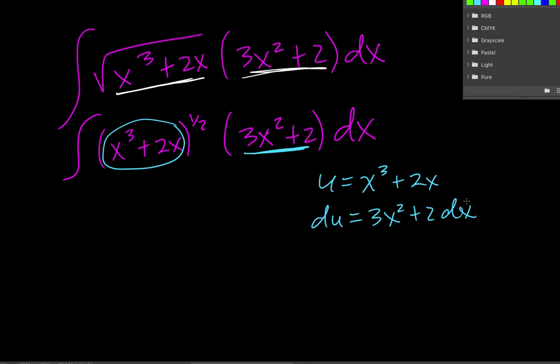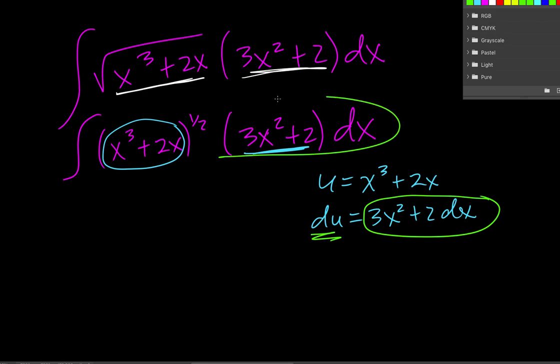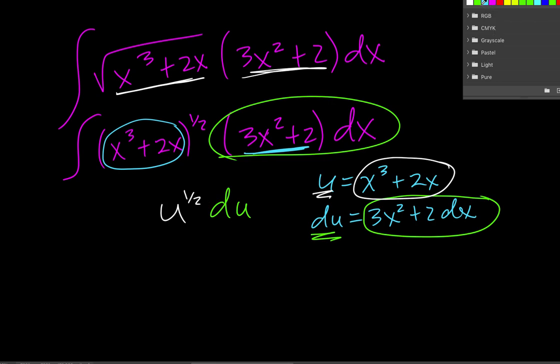Okay, so we need to find this and replace it with du. So all of that becomes du. And then we need to find all of this and replace it with u. And then we still have that.